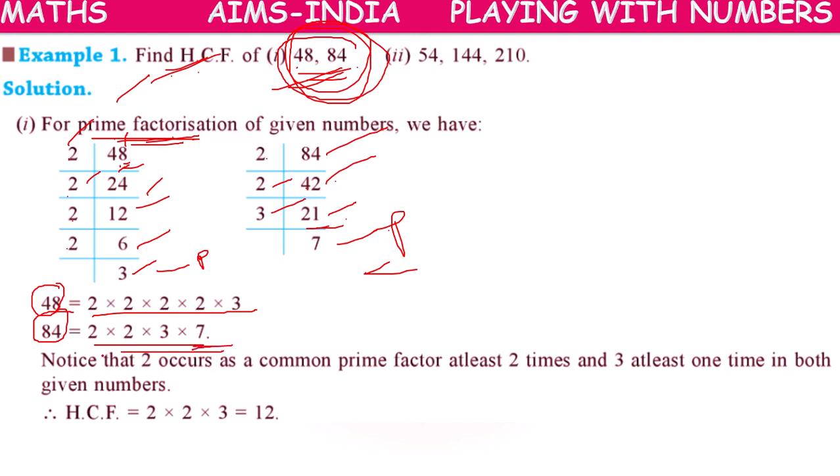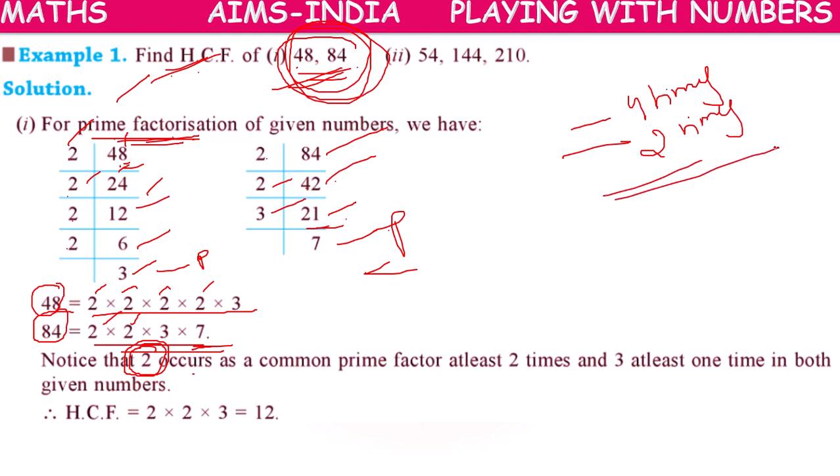If we observe the prime factors, the prime factor 2 appears here 1, 2, 3, 4 times, and here 1, 2 times. For the first number it appeared 4 times, but for the second number only 2 times.